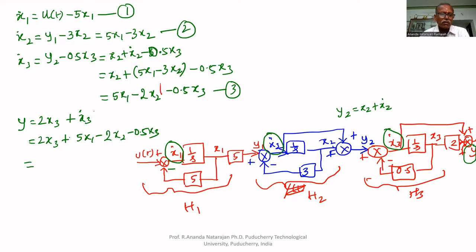If you combine the x3 terms together, you will get 5x1 minus 2x2 minus 1.5 x3.